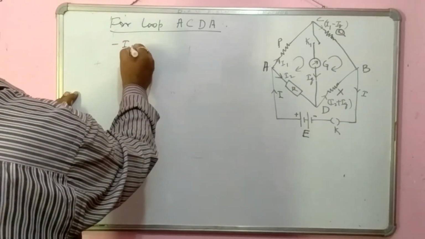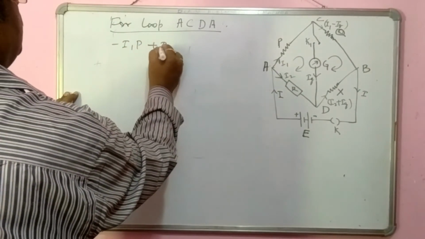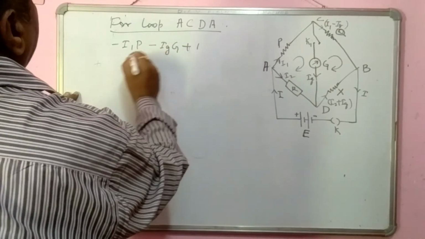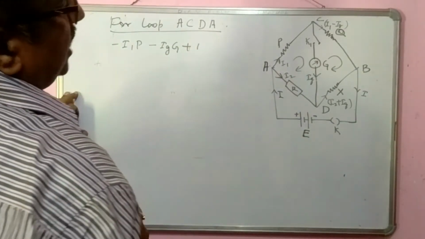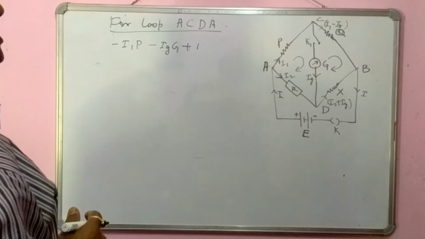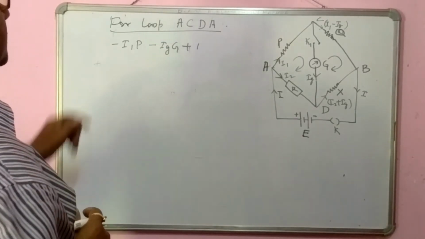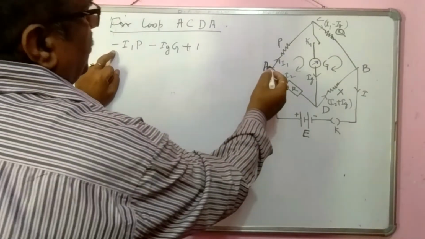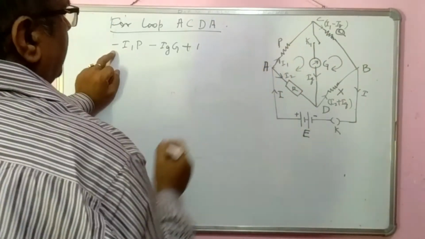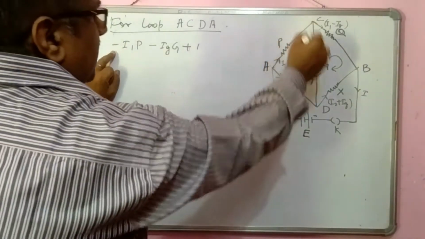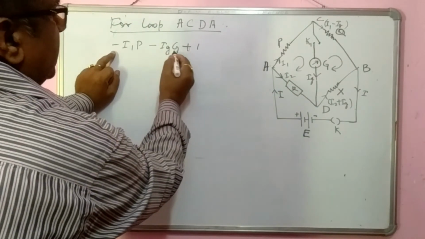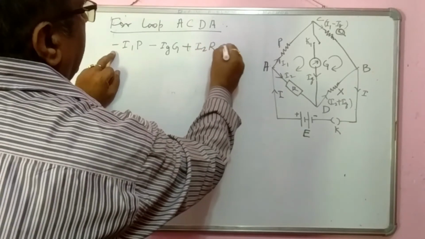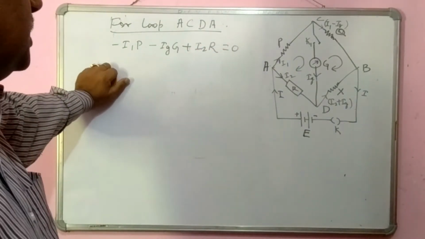So minus I1 P, as we have learned in Kirchhoff's law, that in the direction of current, the product of current and resistance is taken to be negative, and opposite to it will be positive. We are moving from A to C in the direction of I1, so minus I1 P, and again in the direction of current, so minus Ig G, plus, opposite to this is I2, so I2 into R, and the total is equal to 0.